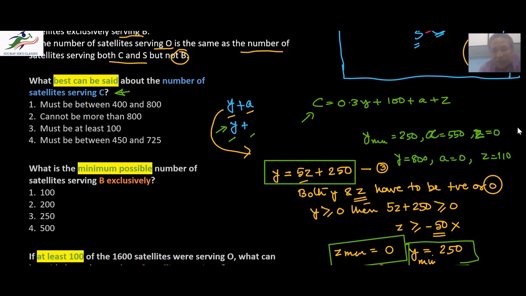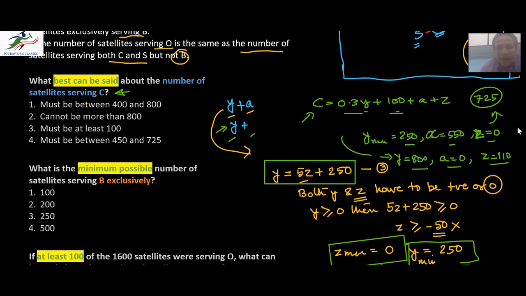So C will be 0.3y, means if I take the first set, 75 plus 100 is 175, plus 550 is 725, plus 0. So this would be 725. And if I take the other set, then it will be 0.3 into 800, which is 240, plus 100 is 340, plus 0 plus 110, that is 450.